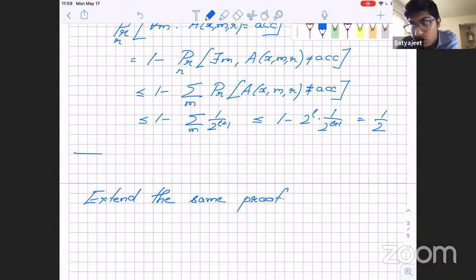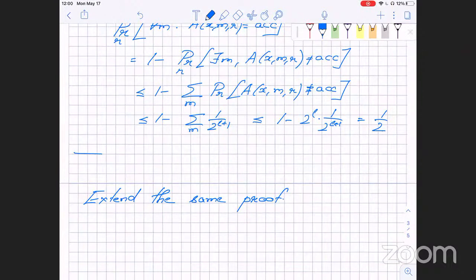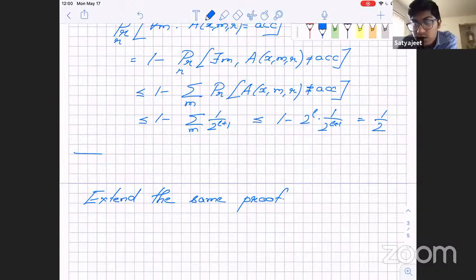Also, for perfect completeness, would you do the same proof for IP? In the completeness argument the probability is closer to 1, but in the soundness it's half.